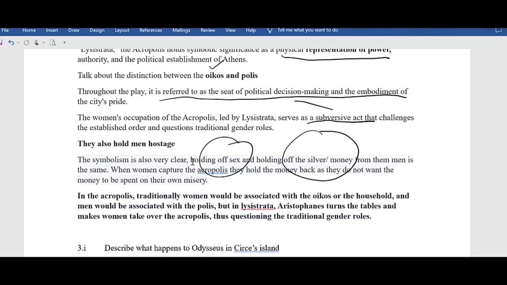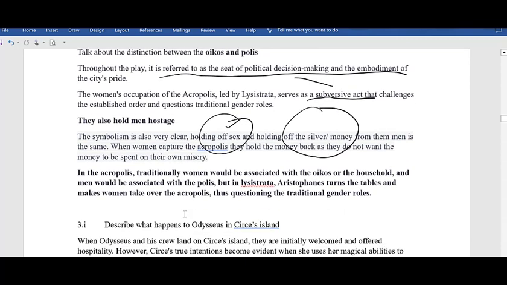They are taking the power in their own hands. So you should be talking about the fact that there is a parallel between taking control over their bodies and taking control of the power of the Acropolis. So they are taking control of both the aspects. So you can talk about these aspects of the play as well.